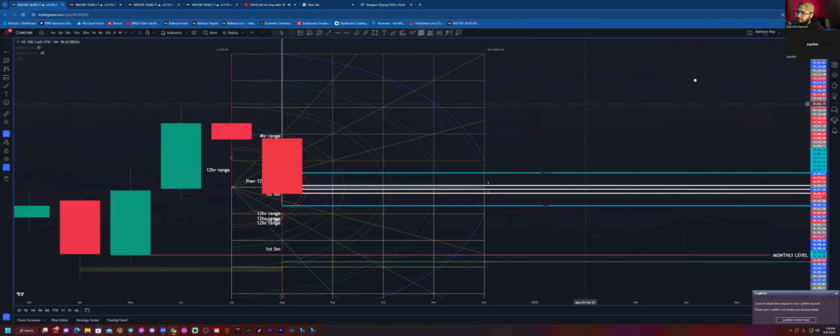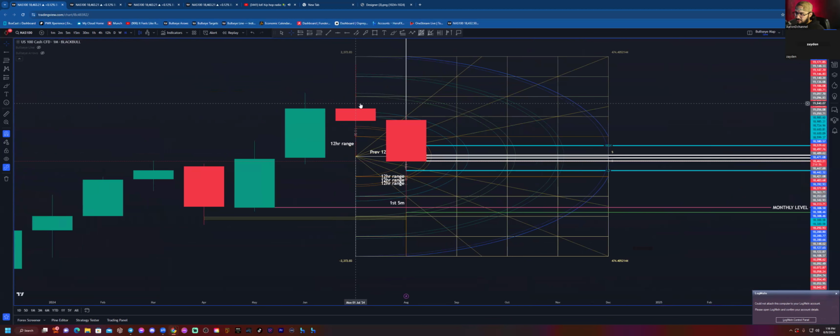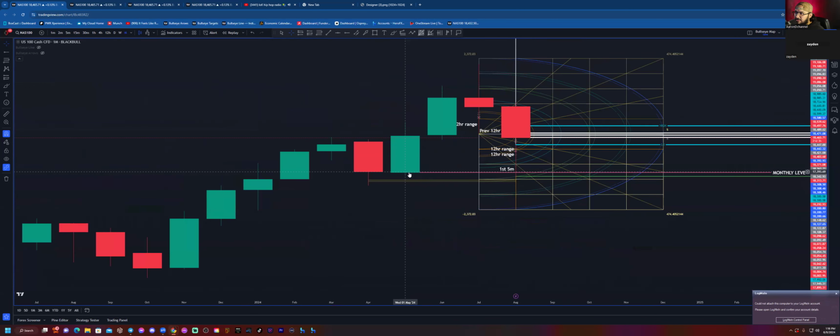Previous month was July, so we have a July low sitting right there. And we have double bottoms right here, this monthly level. When I say double bottoms, I mean these two candles right here have pretty significant lows. So I'm just going to mark that up. Price could tap into that and bounce up.